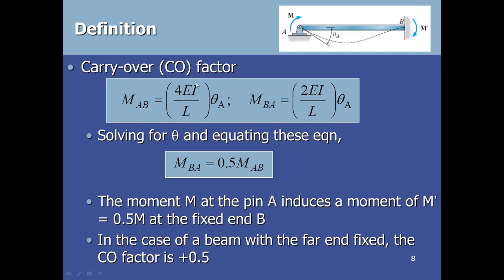Moment MAB is 4EI theta A by L, whereas the moment which is induced at the far end will be 2EI theta A by L. So we can say that half of that moment will be induced on the far end. If we apply a moment of 10 kilonewton meter at A, then 5 kilonewton meter will be induced at the far end, which is B. So this ratio is known as the carryover factor, which is 0.5.